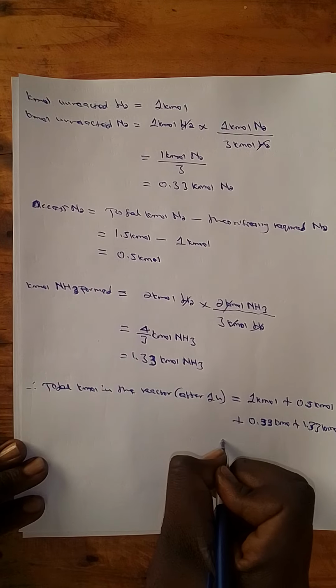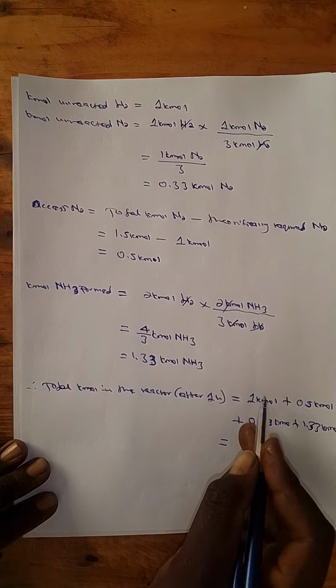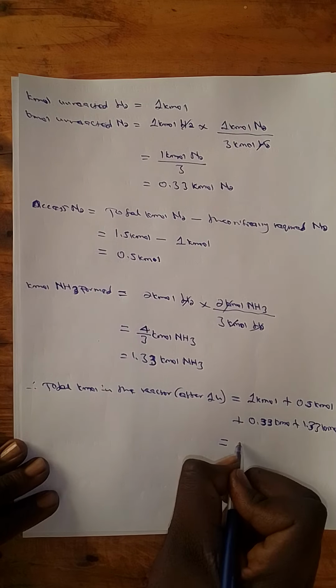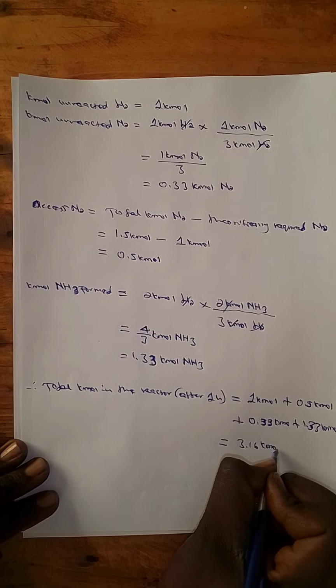If you use your calculator, you'll find that the total kilomole in the reactor is 3.16 kilomole.